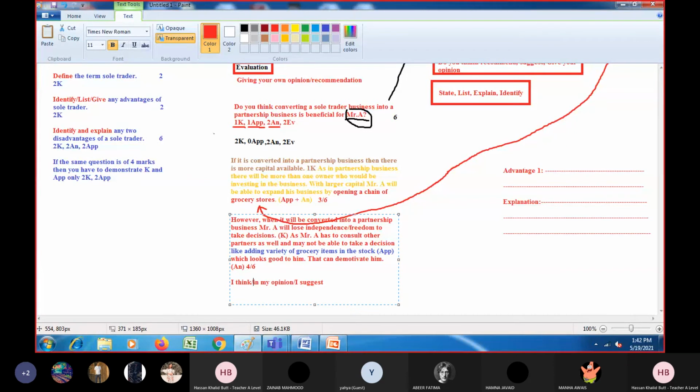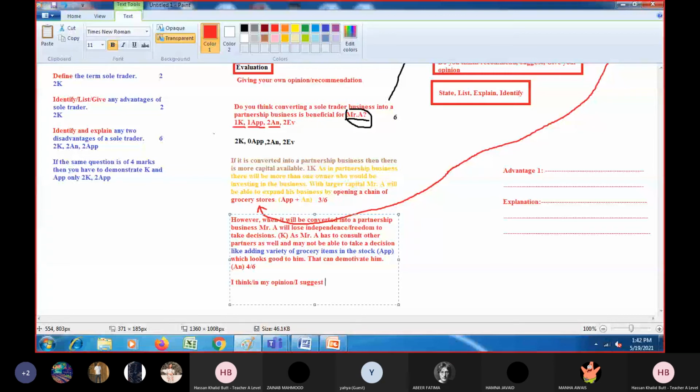Now the thing is how to do evaluation, because obviously you have to favor one side or the other, but it's not about just writing that sentence that yes, I think it is better to convert a sole trader business into a partnership business because there are more advantages. Now this is not the justification.